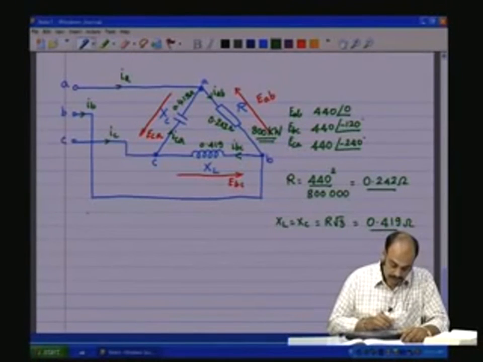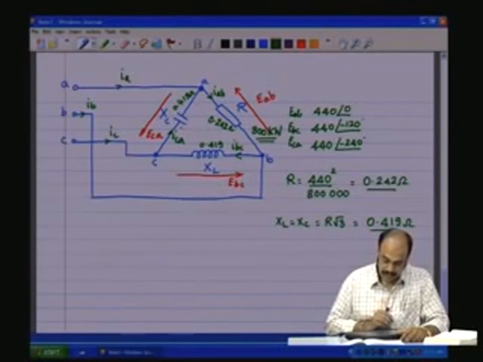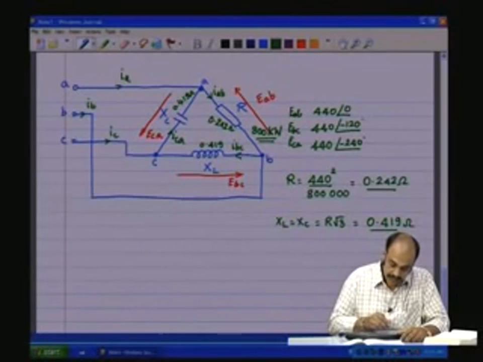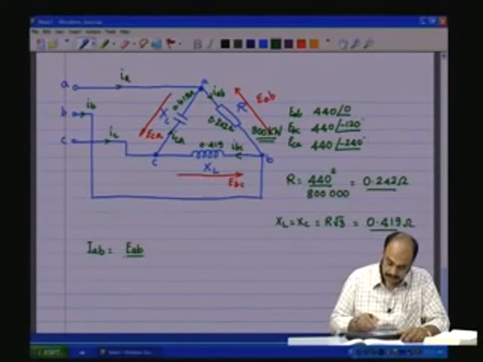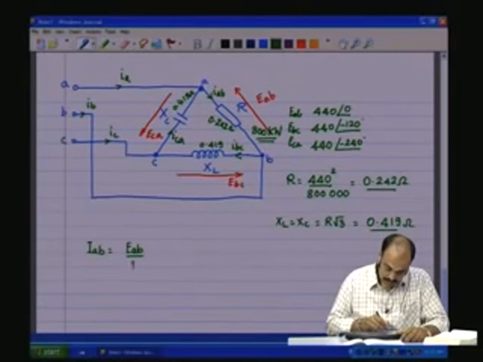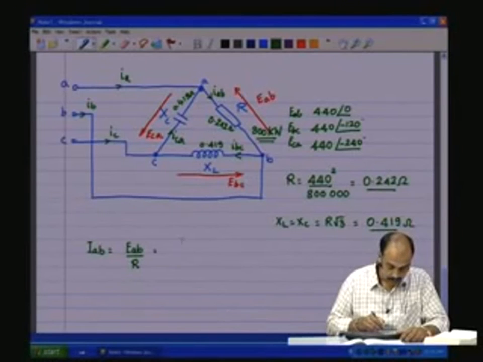So, now if we look at the current through each of these, the current through R, let us say IAB, will be EAB by R, and that is equal to 1817 amps, isn't it?